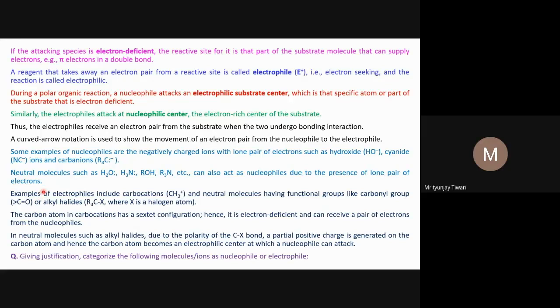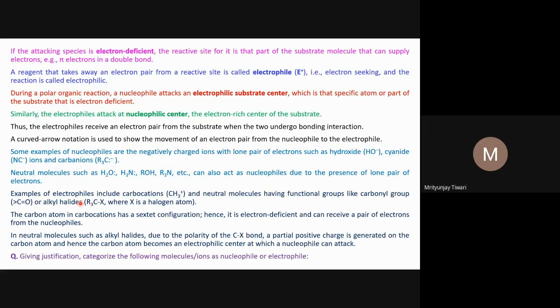Similarly, other examples are alkyl halides. Halide atoms like chlorine, fluorine and bromine have electronegativity higher than that of carbon, and so these halides can also pull away the shared pair of electrons from the carbon. The generation of partial positive charge will happen at the carbon center, and so in all alkyl halides the carbon center at which the halide atom is attached behaves as an electrophile.